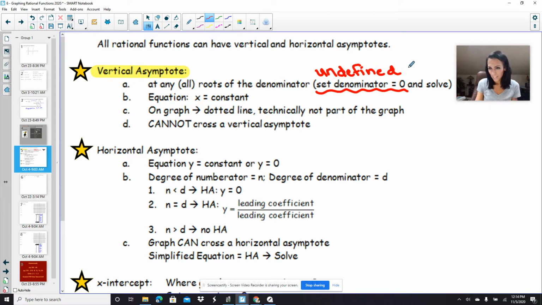Well, now that makes sense that a vertical asymptote would be there because the function approaches it, never touches it, meaning it's not included, okay? So how do you write your vertical asymptote? You write it as an equation. It's a vertical line, so it's an x equals equation. And we usually graph these using dotted lines because they're not part of the graph, okay? Now here, that was my illustration that the function cannot cross a vertical asymptote.